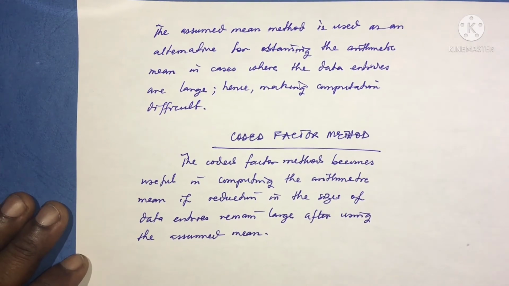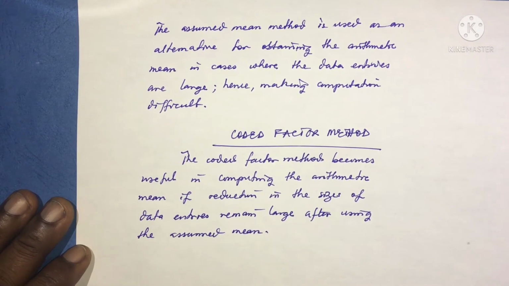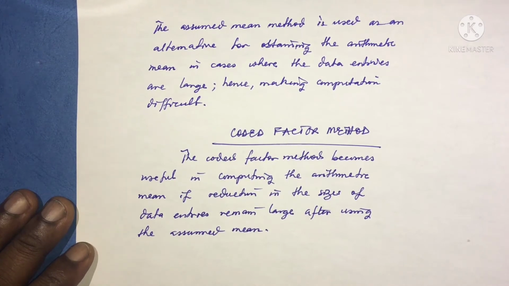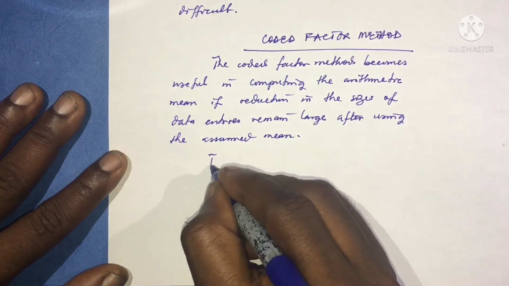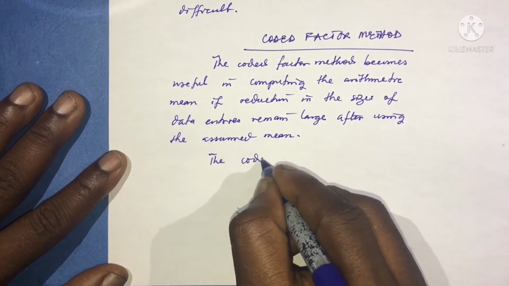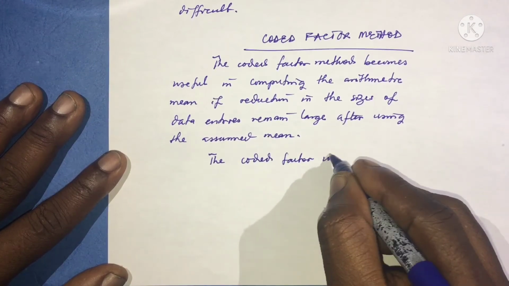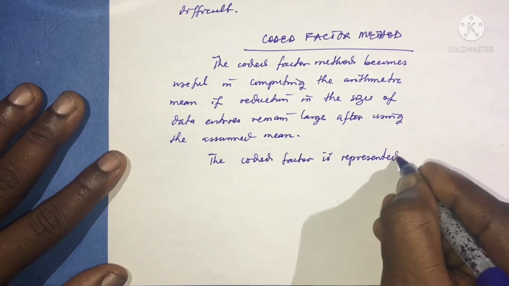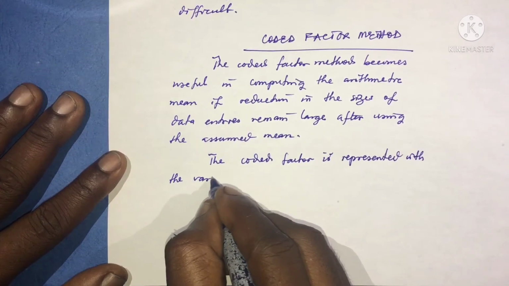So let us now go into the development of the coded factor. So we shall start as usual for a case with no frequencies. Okay, so let's start now. The coded factor is represented with the variable ui.